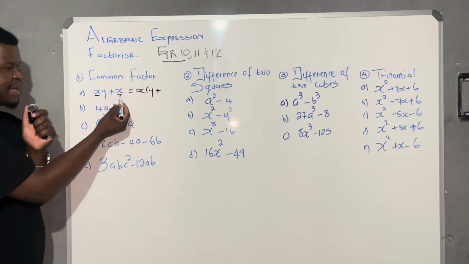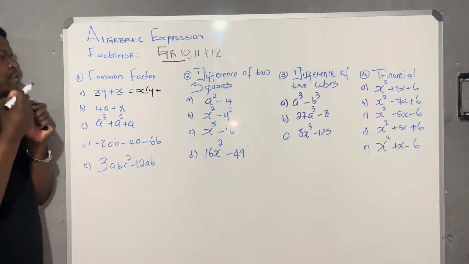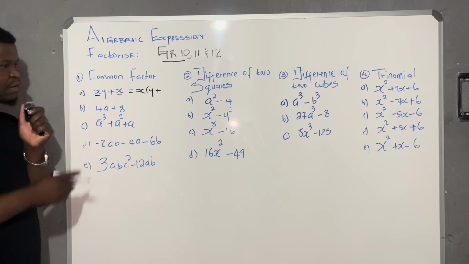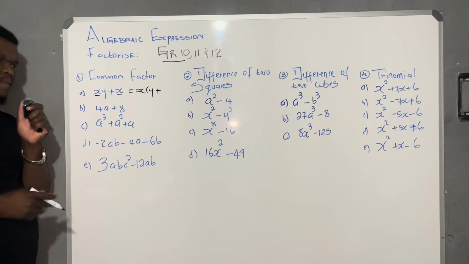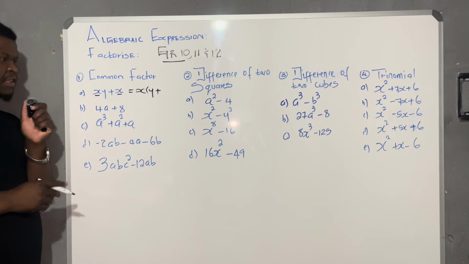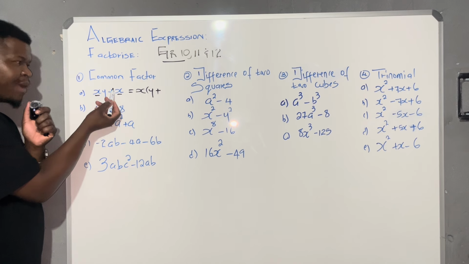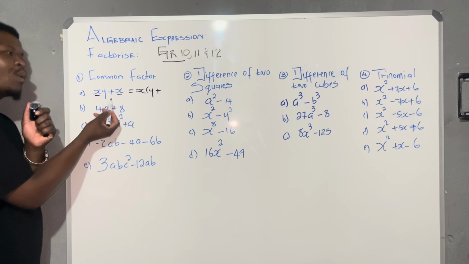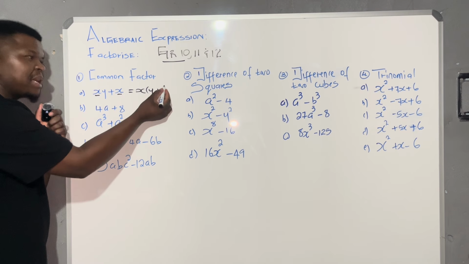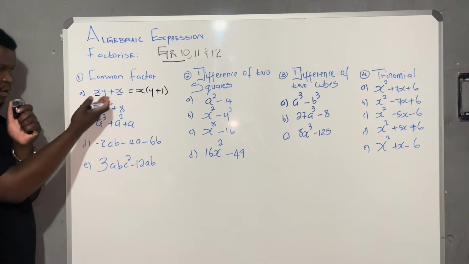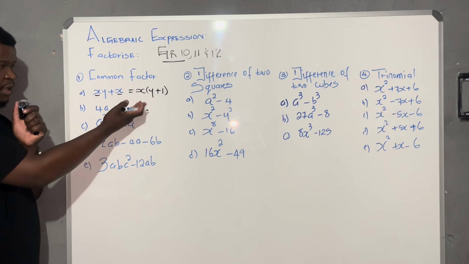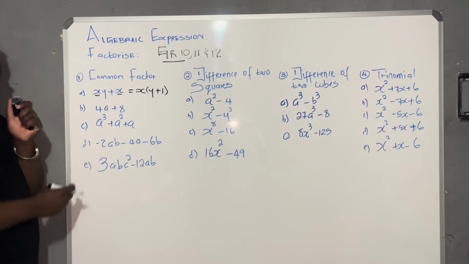Then on the other side, the second term, if you remove x, what is it that is remaining? We cannot say nothing. But basically, remember this x, there is an invisible 1. The coefficient of x is 1. So that 1 remains. Now, this is what they want when they say factorize.